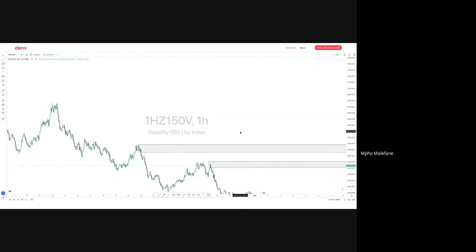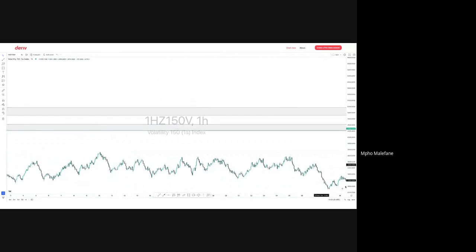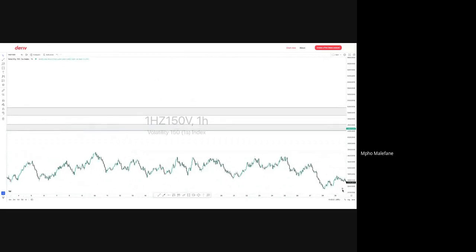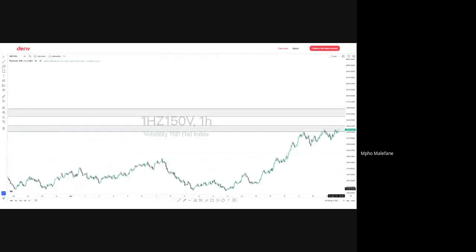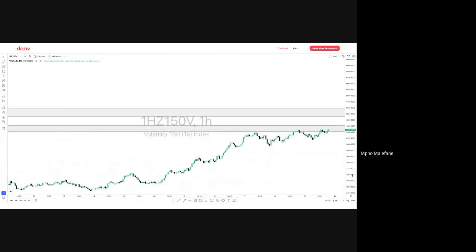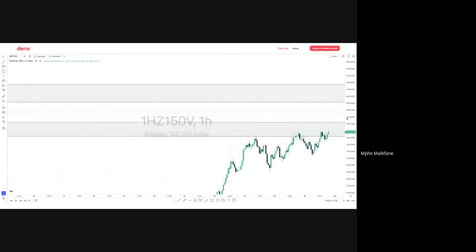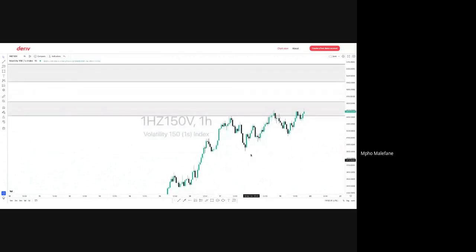So now, let me try and zoom my camera. Like I was saying, I want to check if it is ready to sell inside our zone or not.